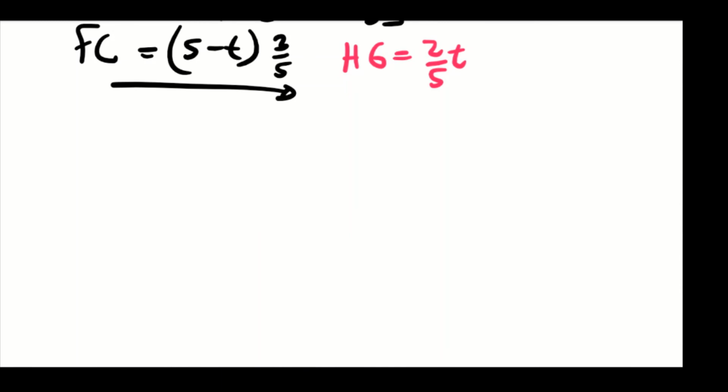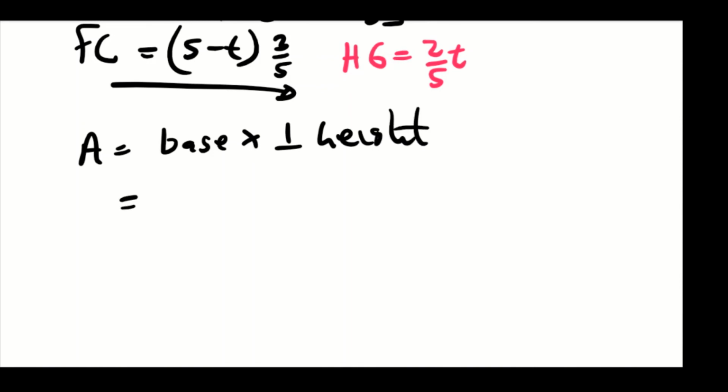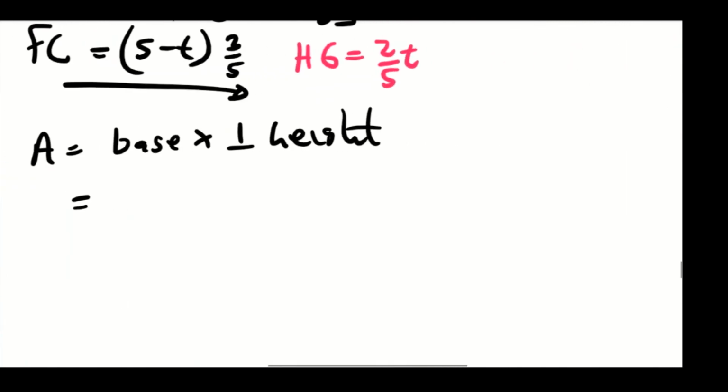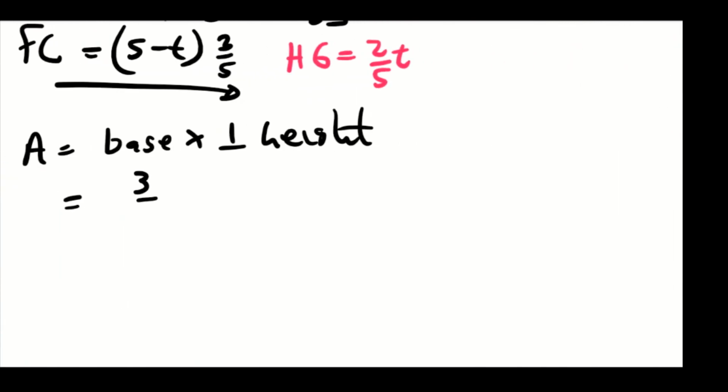Now to find the area of a parallelogram, its area is equal to base multiplied by perpendicular height, which equals, so the base is FC, right? So it's FC, which is 3 over 5 into 5 minus t multiplied by 2 over 5 t, right?